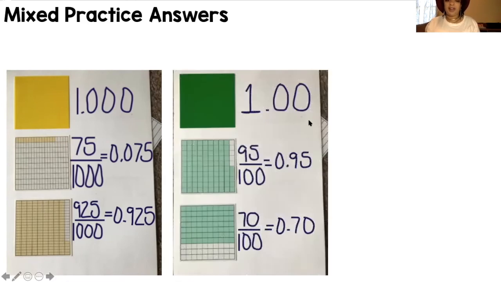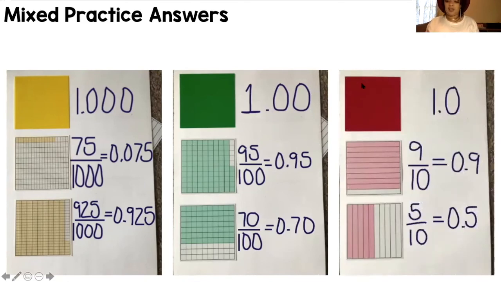Here again, I have 1 whole, and I'm working with hundredths. I have 95 of the 100 squares shaded in, so I have 95 hundredths. Here I have 70 of the 100 squares shaded in, so I have 70 hundredths.